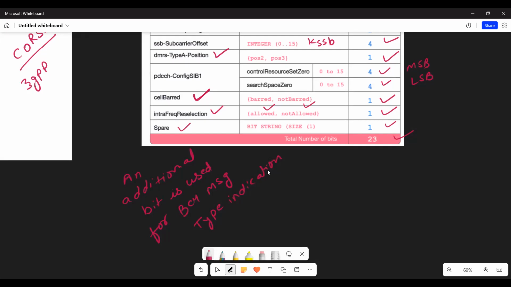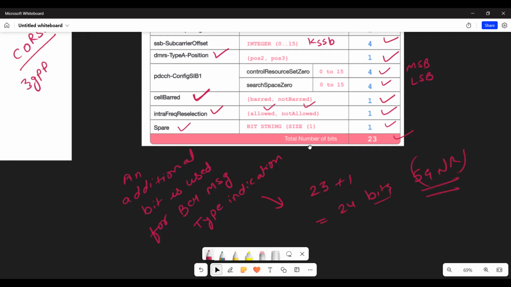Which makes a total of 23 plus 1, 24 bits in 5G NR.